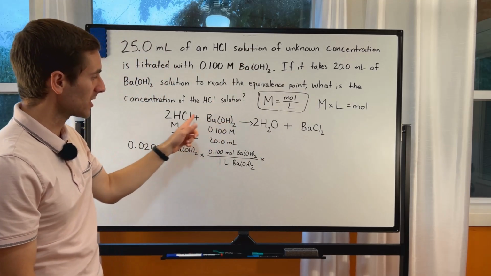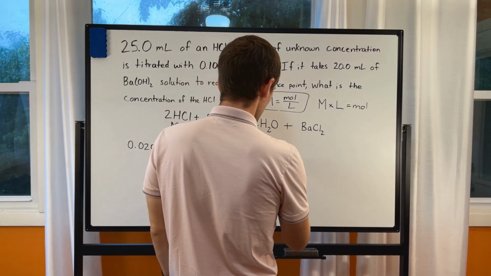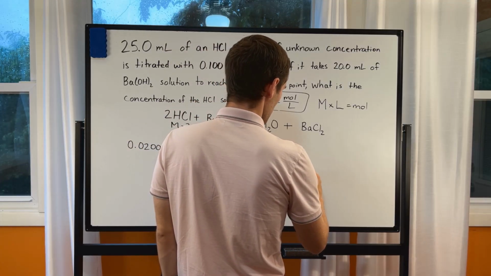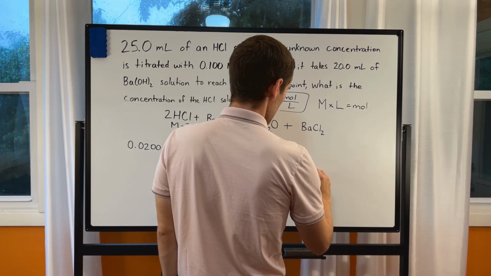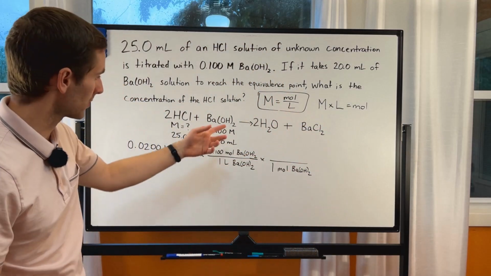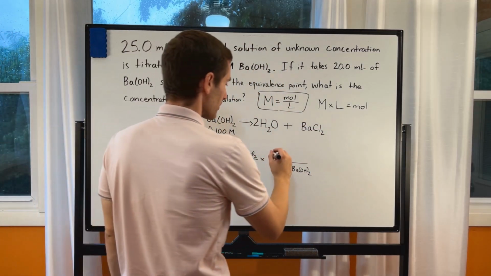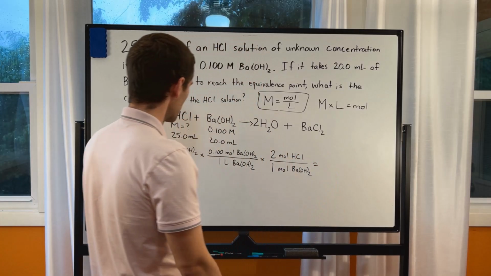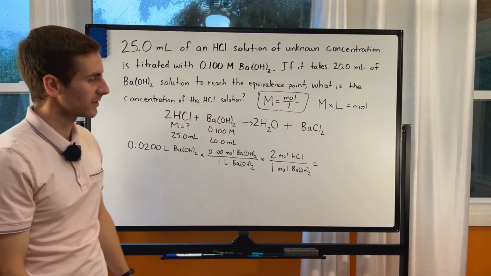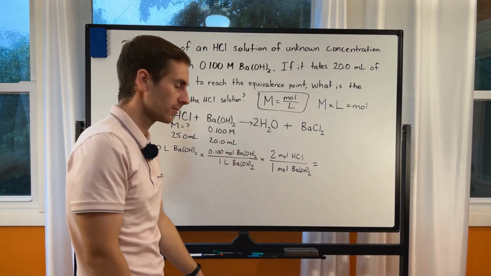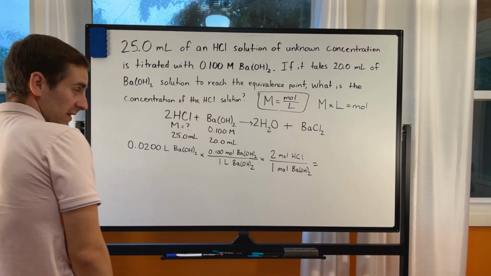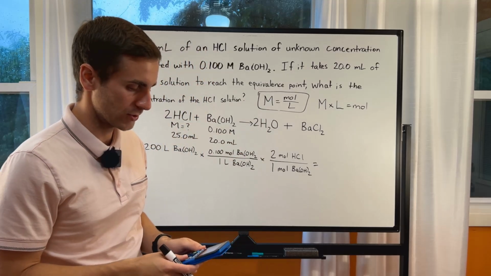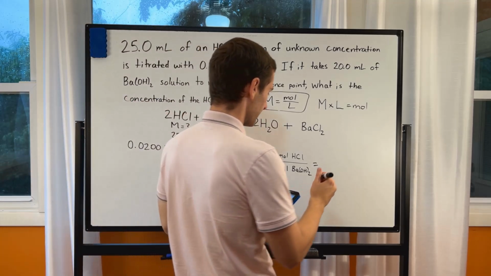And then our equation tells us that for every 1 mole of barium hydroxide that we are adding, it is reacting with 2 moles of HCl. So if we do this calculation, that is going to give us how many moles of HCl were in the flask and were reacted with by the barium hydroxide that was added.